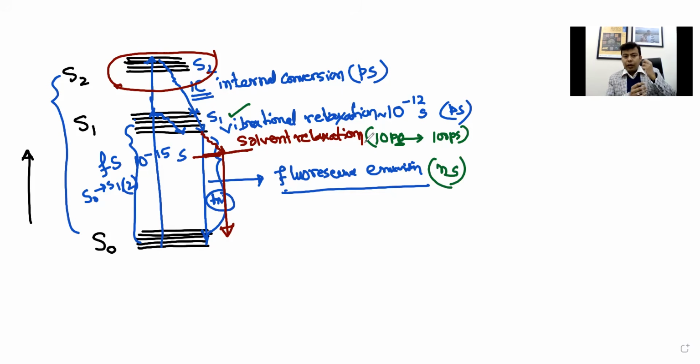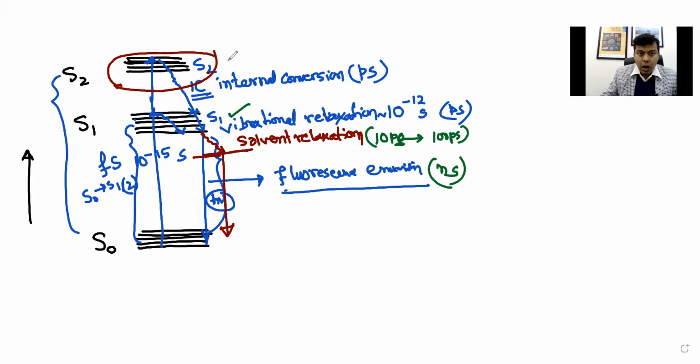Therefore it has to first get relaxed in the excited state like S1, and in conjunction with that, you can also have solvent relaxation depending on the dipolar nature of the solvent. I'll come to this dipolar relaxation soon. And then you have fluorescence emission, which is on the nanosecond time scale.